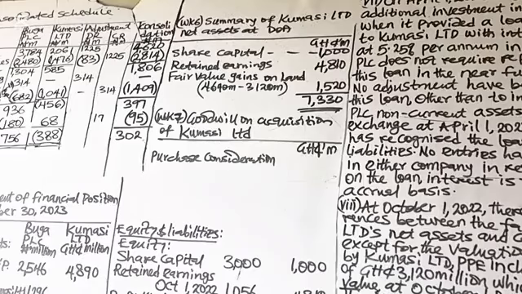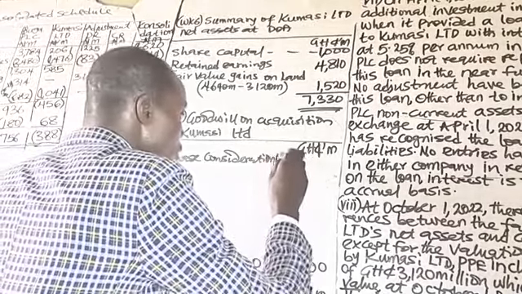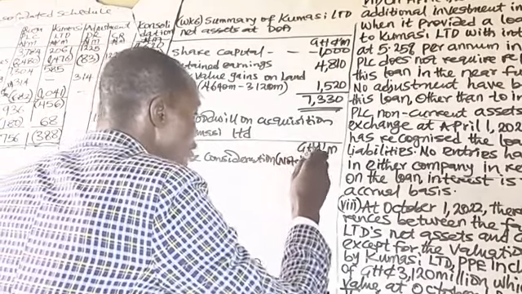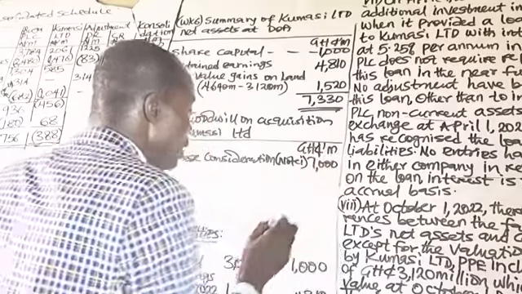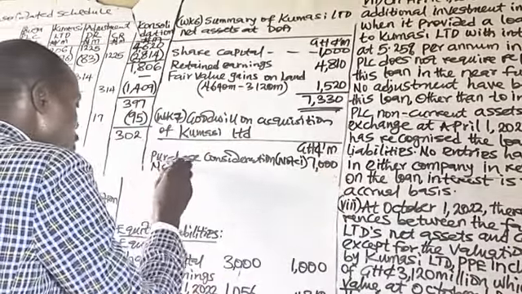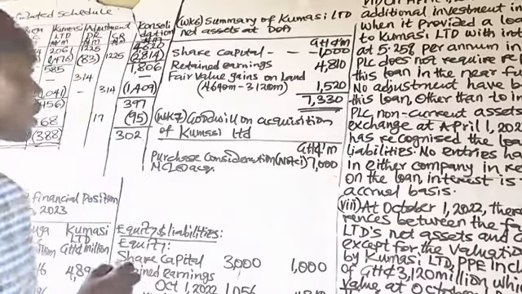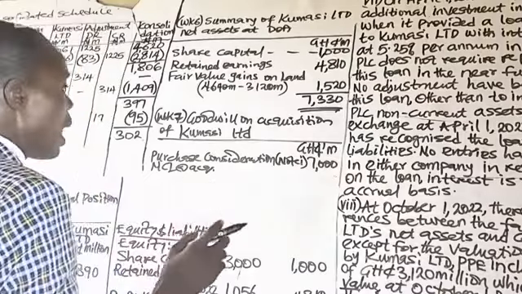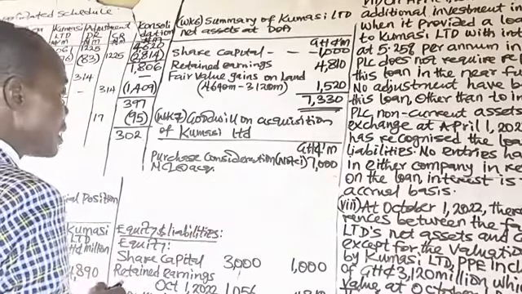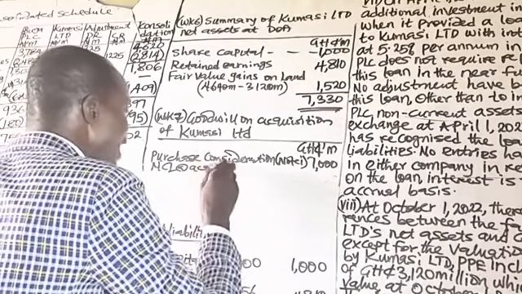So the consideration transferred from note 1 is 7 billion Ghana cedis. We had the NCI at acquisition. In that same note 1, you were told to value NCI at proportionate share of net asset. Remember, Buga acquired 80% of Kumasi. That means the percentage attributable to NCI is 20%.